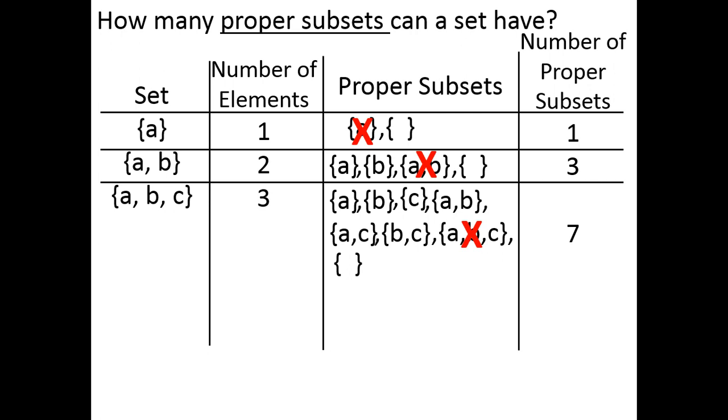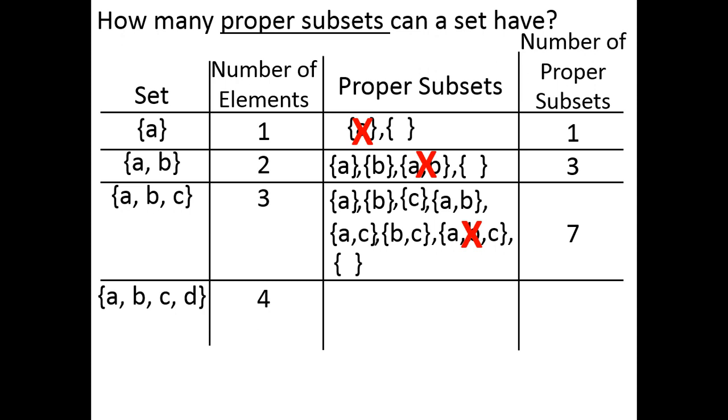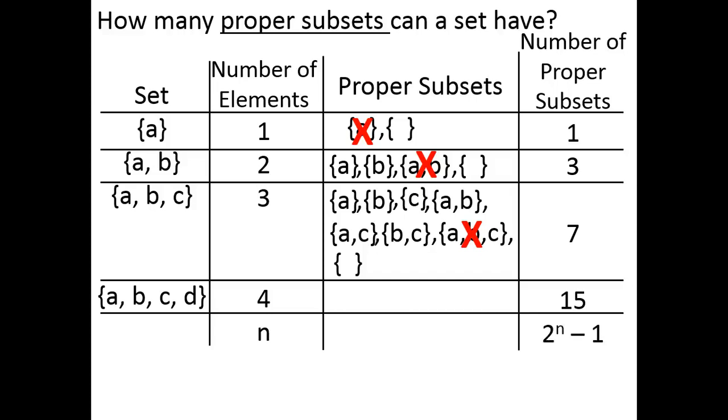And what you'll notice is that we still have that 2 to the n subsets, but we're losing one of those subsets because it's equal to the original set. So how can we deal with losing one subset because it's equal to the original set? Well, we know that when a set has n elements, it has 2 raised to the n subsets.